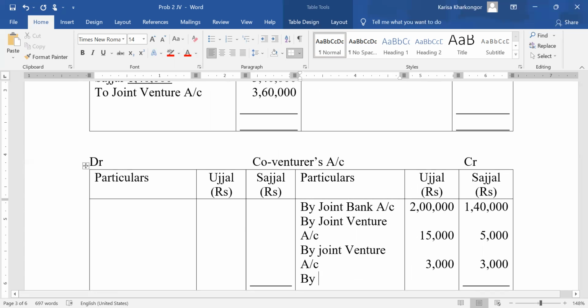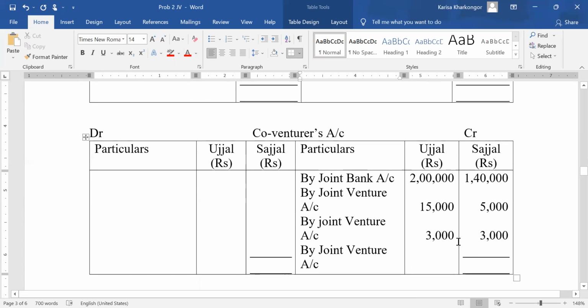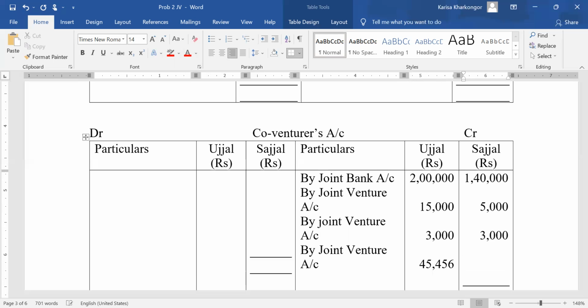This is for the profit made on the joint venture by joint venture account, 45,456 and 30,304.